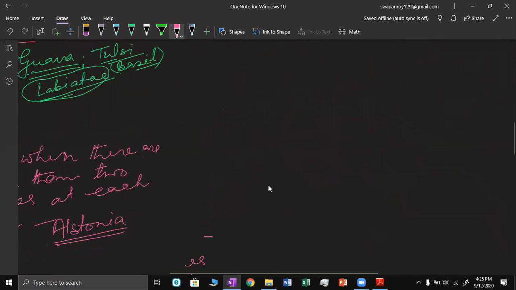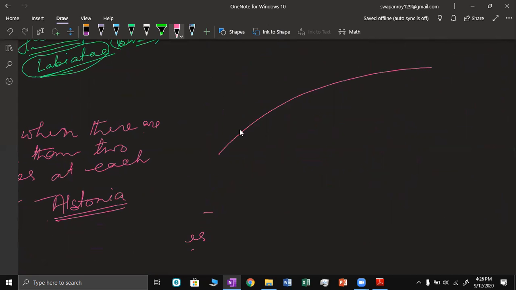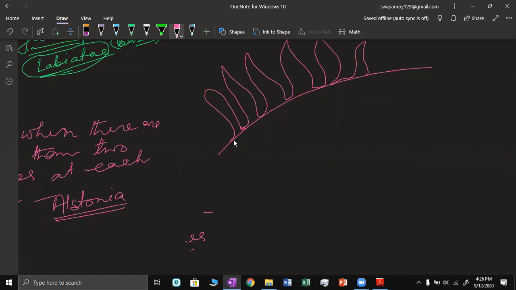But if a condition arises that the leaf lamina has this wavy condition, or the incision has reached up to the midrib, in that case we can treat that a single leaf has several laminae.